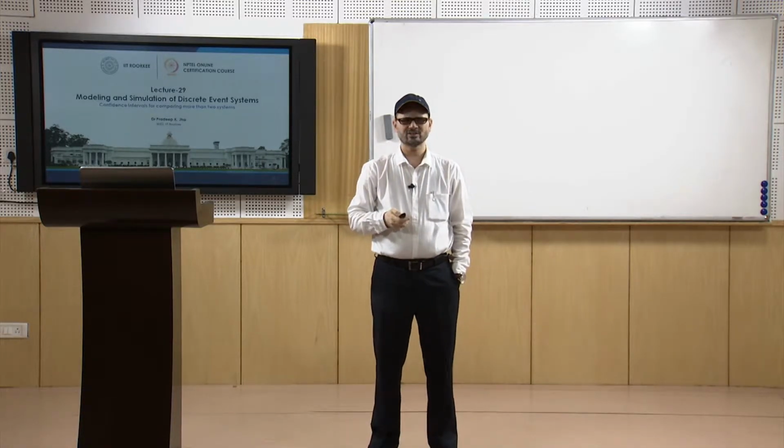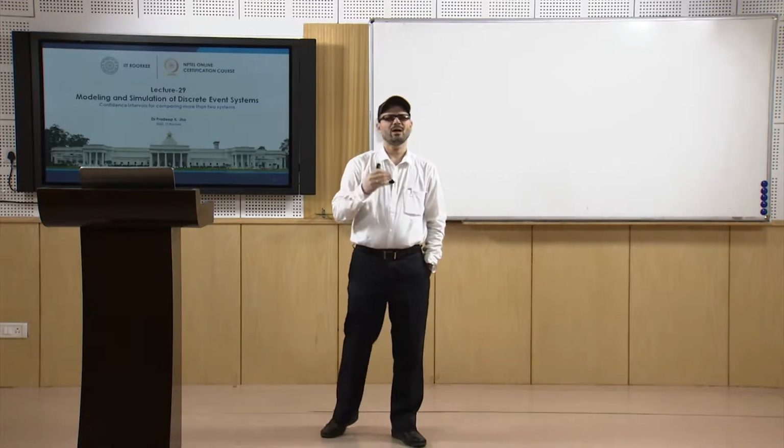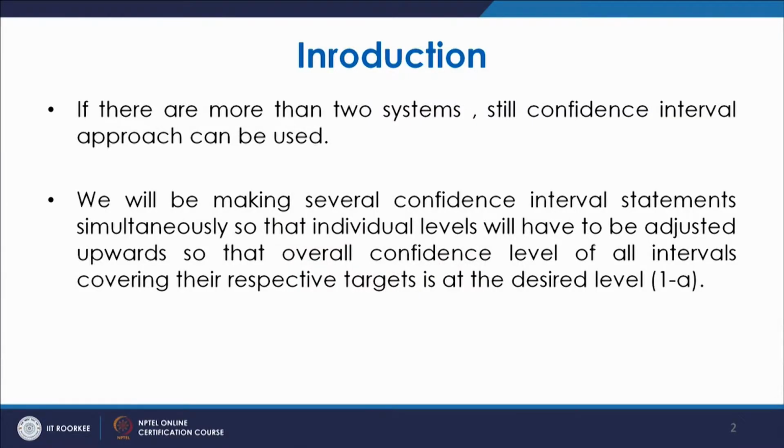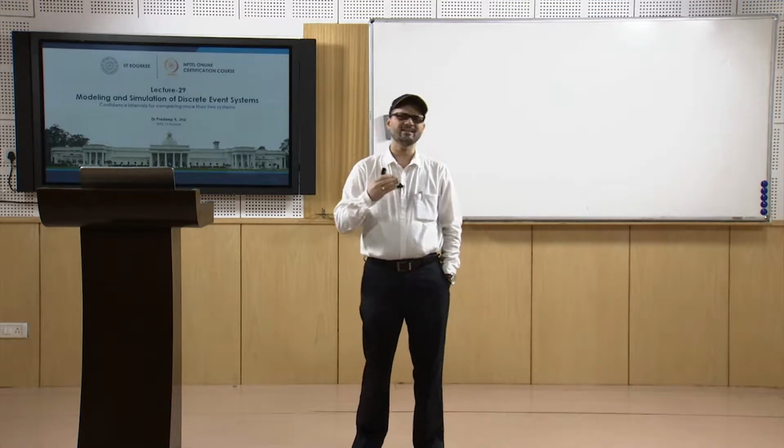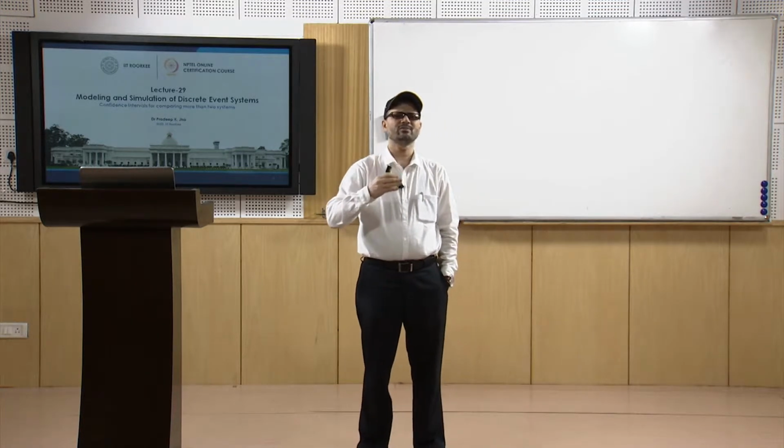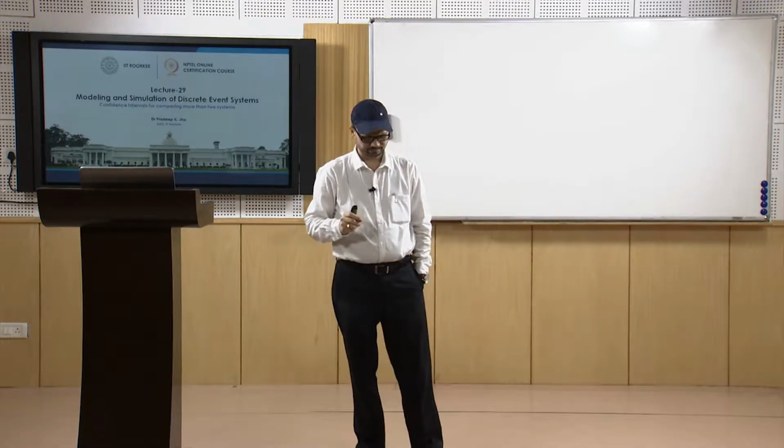So, let us see, if you have more than two systems, even then the confidence interval approach can be used. But the question is that overall we have to have a confidence level of a certain percentage.